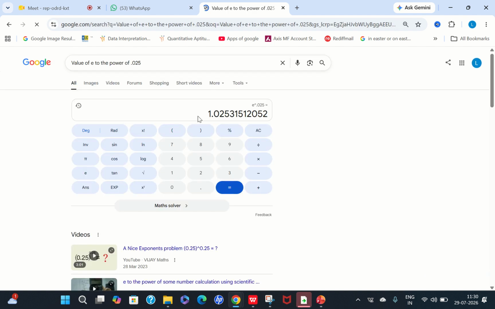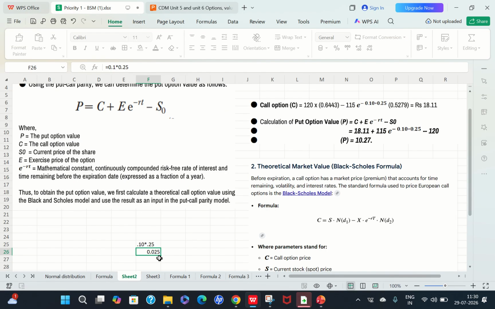On substituting these values, it comes to 1.025315. We can restrict it to two digits, so 1.02. Hope you are able to understand.